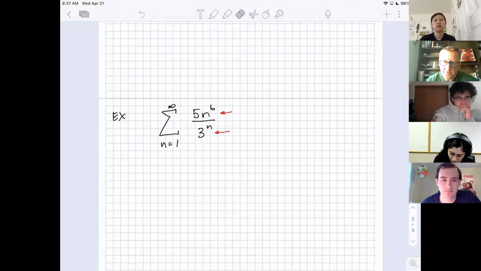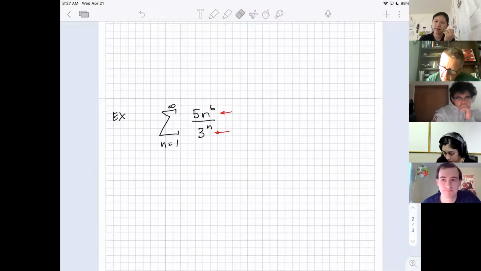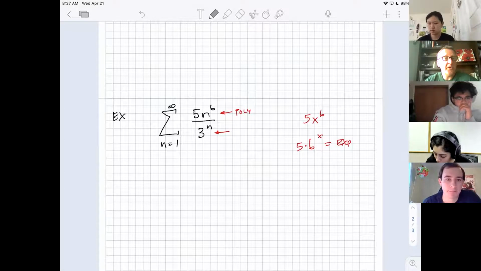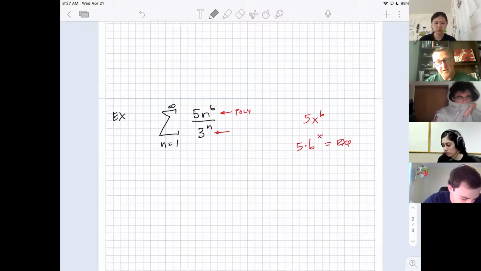No, because the exponential's got to have the exponent be the x. Does that make sense? It's called a power equation or a polynomial. This would be exponential, but yeah, that's exactly right. This is just a polynomial equation, like a squared equation or cubed equation. The exponent is a number. That's what makes it a polynomial equation. The bottom is the exponential because the letter is in the exponent.